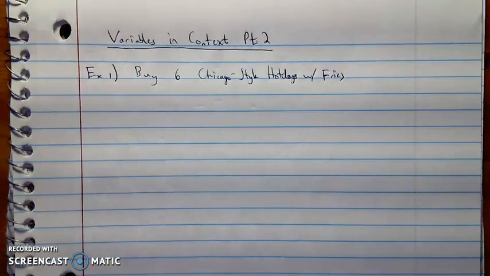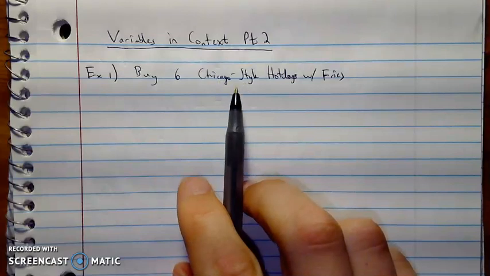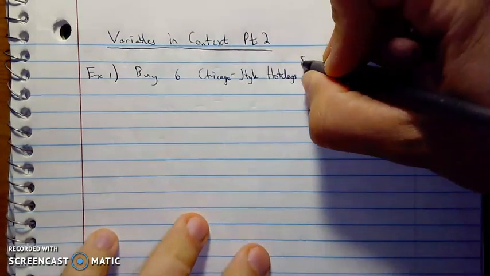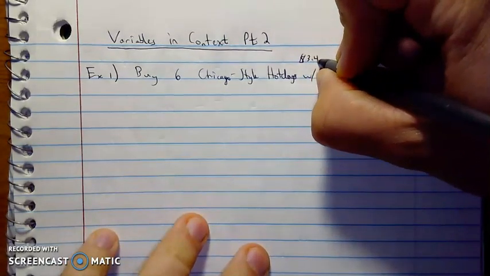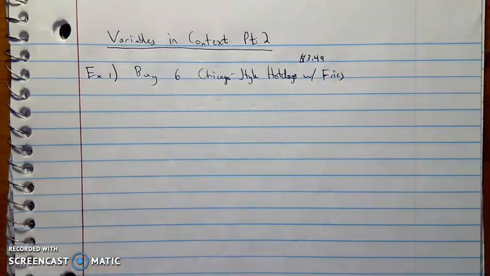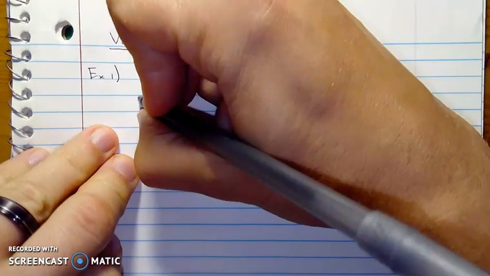Let's set up what that situation looks like. So, one Chicago hot dog with fries is going to cost you $3.49.